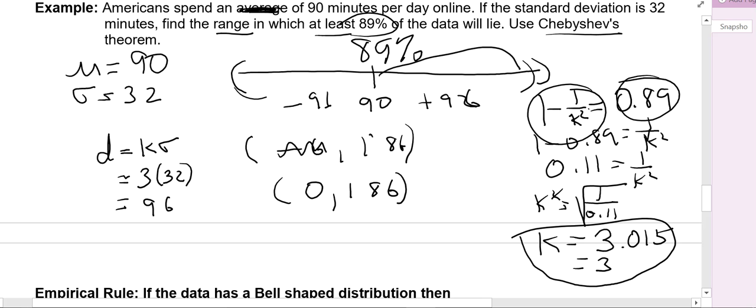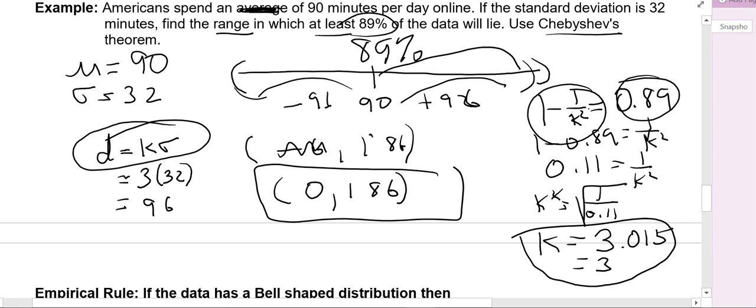And I found out that k was approximately equal to 3. The relationship between distance and k is given here. I find the distance, 3 times sigma. I know that now I add this distance to the mean, I subtract it from the mean, and I get my interval. All right, I'm going to stop this video, and then we're going to pick up with the empirical rule.